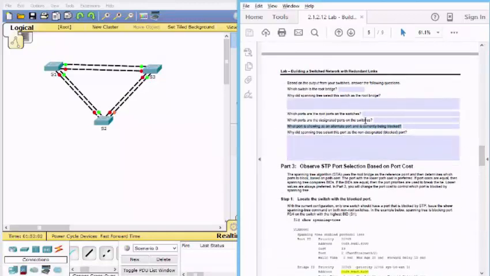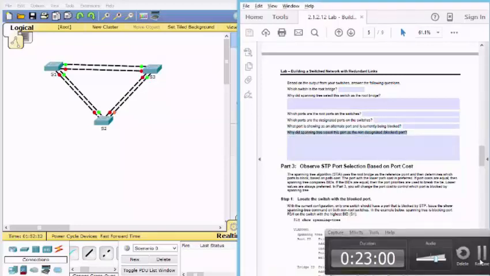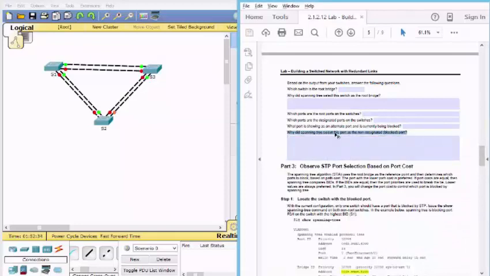Okay. Why did spanning tree select this port as a non-designated port or block port? Because the spanning tree algorithm uses the root bridge as the reference point, and then determines which port to block based on path cost.